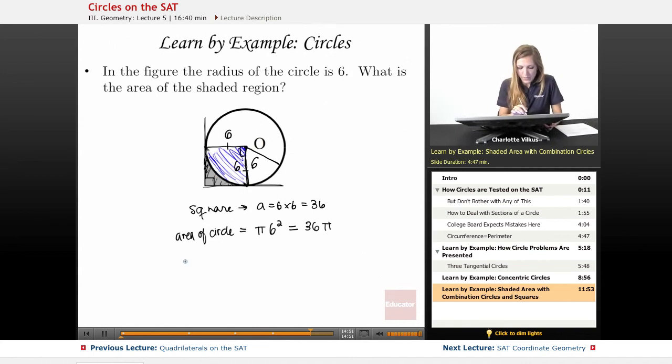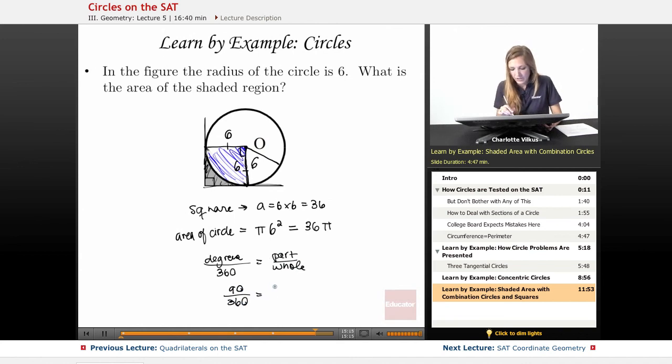If I go back to the equation that I previously mentioned, which is that the degrees we're looking at over 360 is equal to the part over the whole, I could say that 90 over 360 is the part of the area that I care about, which is a quarter circle, because 90 over 360 simplifies to 1 over 4.